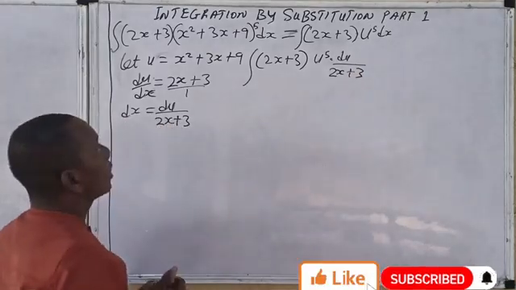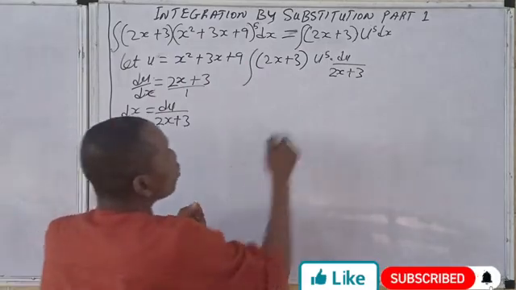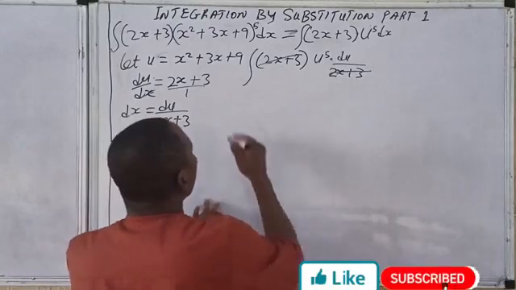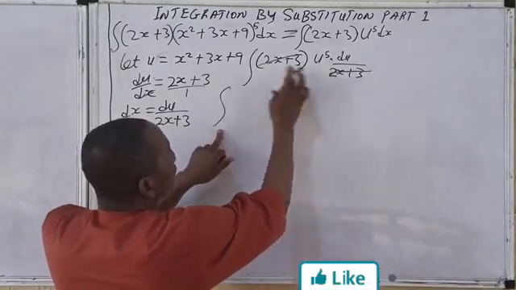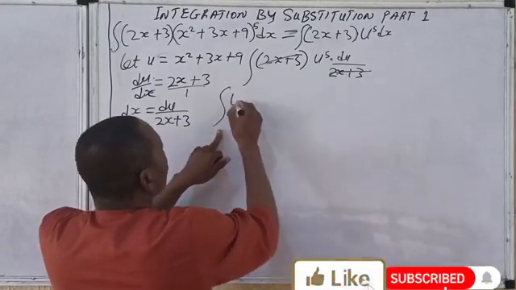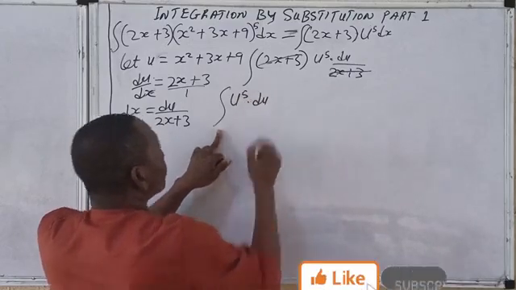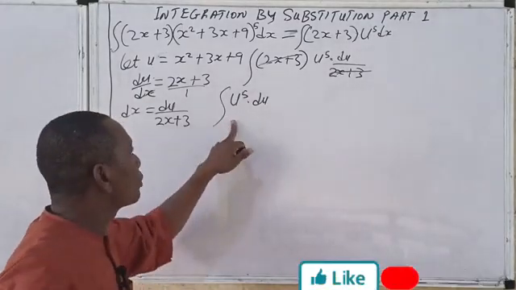This is the secret, because I know that if I differentiate this, I'll have this. So this will now cancel out this. And automatically we now have u^5 du.